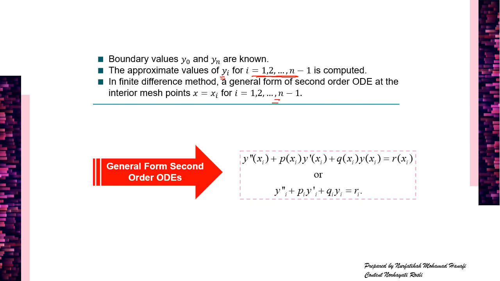So this is the general form, okay? y double prime plus p(x) y prime plus q(x) y equal to r(x), or we can write it as y double prime i plus pi y prime i plus qi yi equal to ri. It's very important for you to identify what is your p, what is your q, and what is your r.